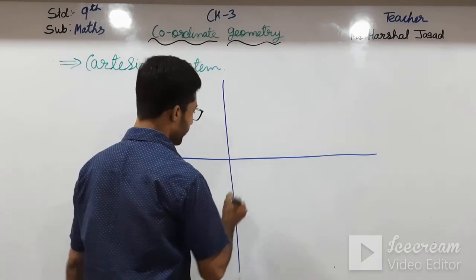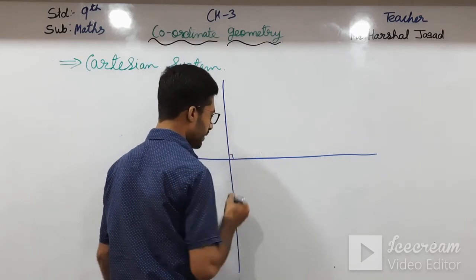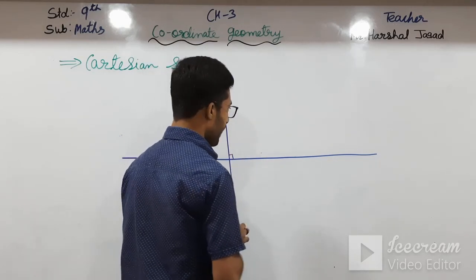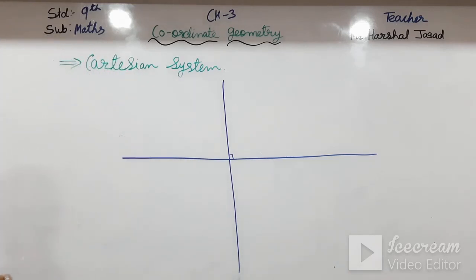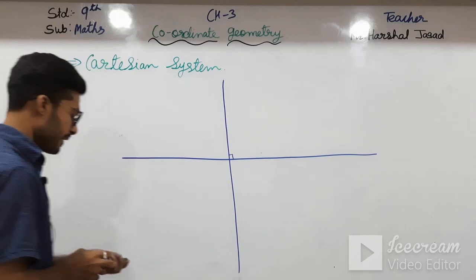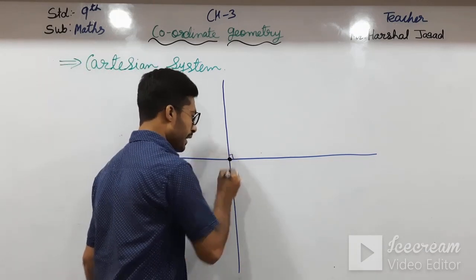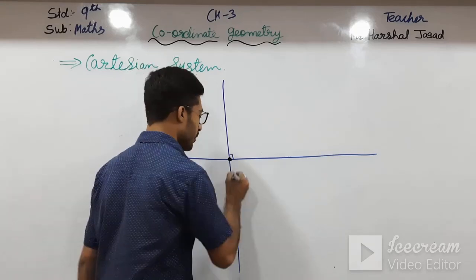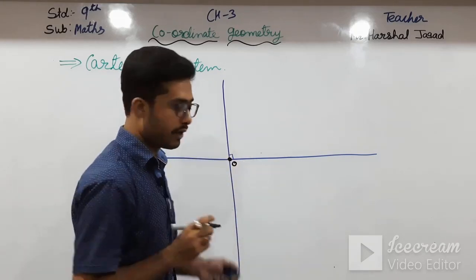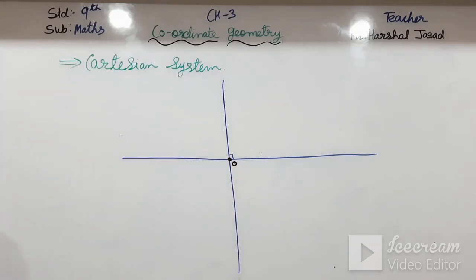Yes, it is passing from between. This is the 90, and this is how we have drawn this. Further, see here, the numbers are given over here. In that, the main number, the origin, is over here. In both lines the origin is over here, that is 0. Okay students, that is 0.